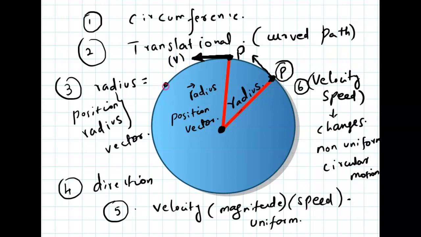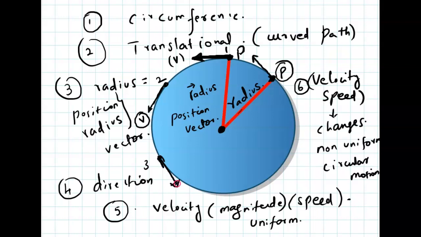And this V is always constant for uniform circular motion. So the magnitude of the speed is constant but the direction changes continuously. Suppose the particle is at point 1, point 2 and point 3. You have to draw a tangent along the circumference of the circle.